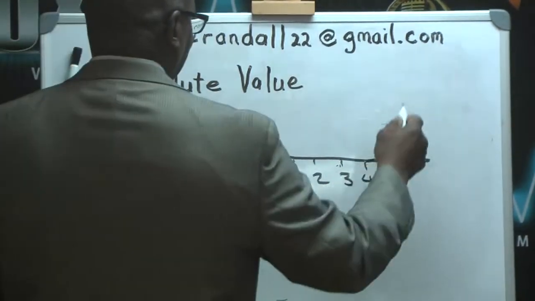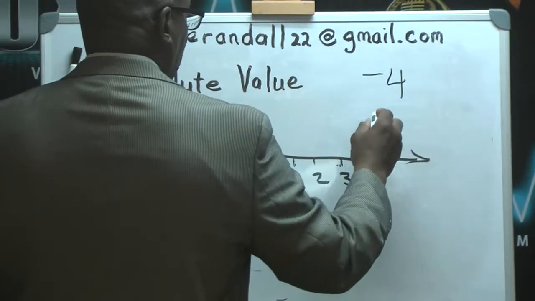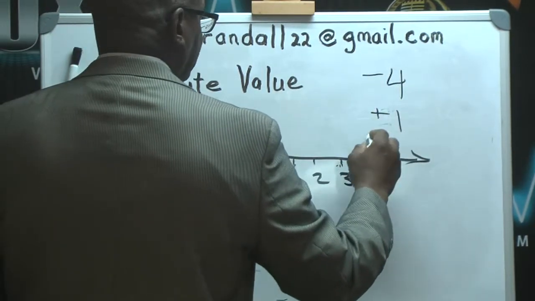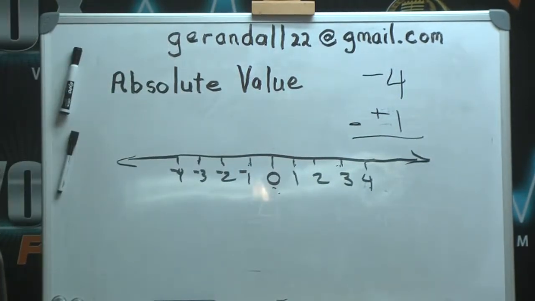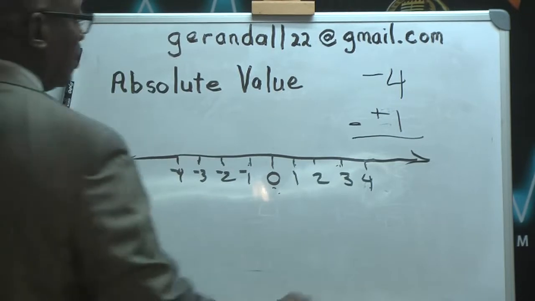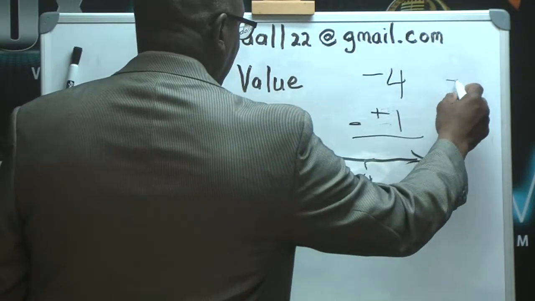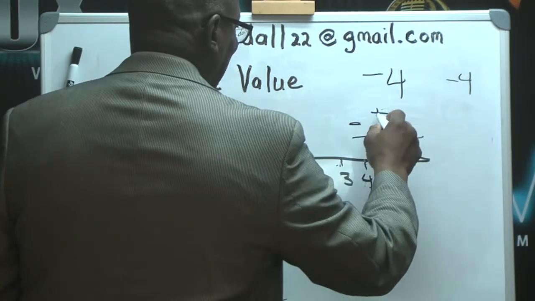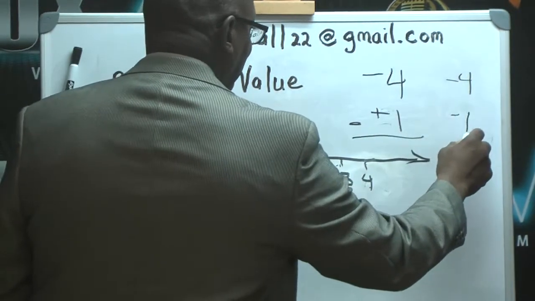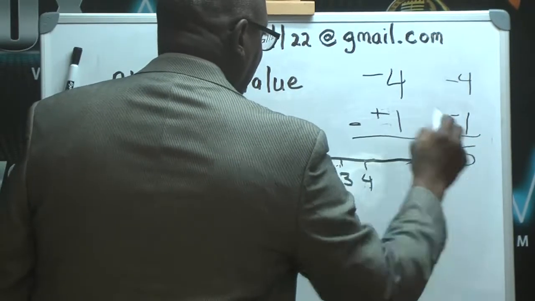For example, we subtract a positive 1 from negative 4. And the rules state that you repeat the first negative number, change the sign to a negative, and add. And that final answer is negative 5.